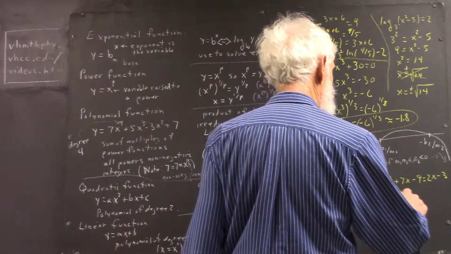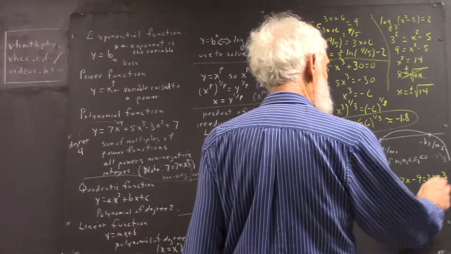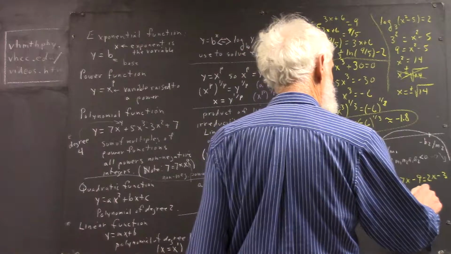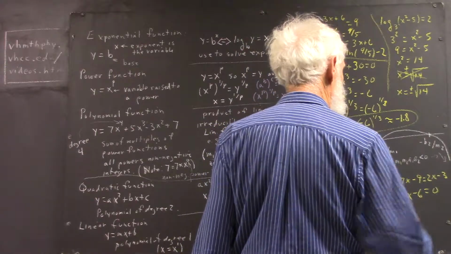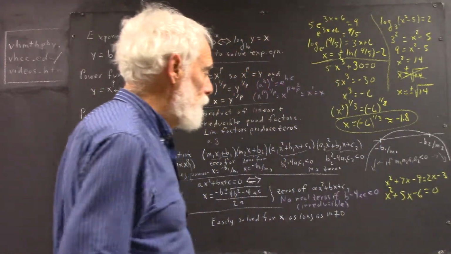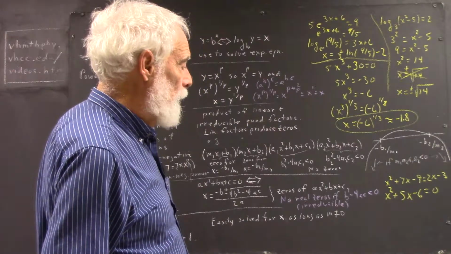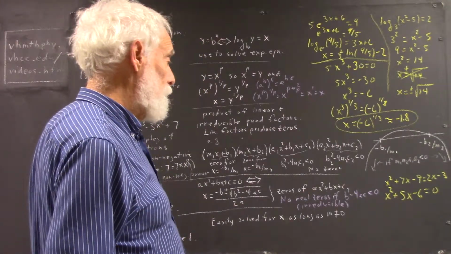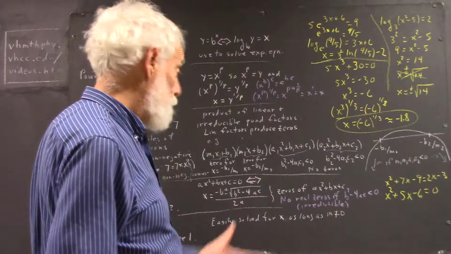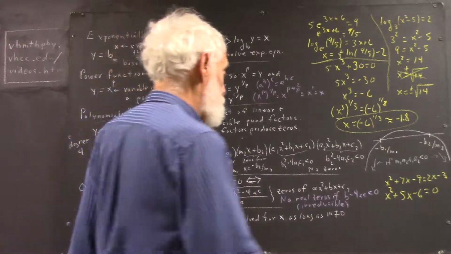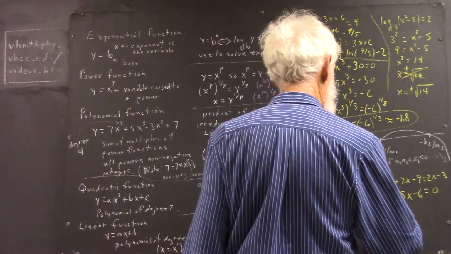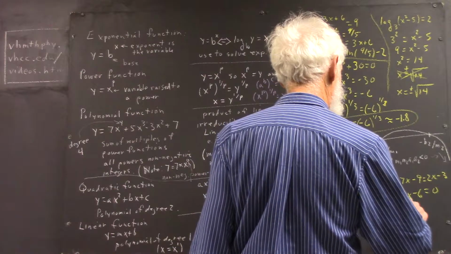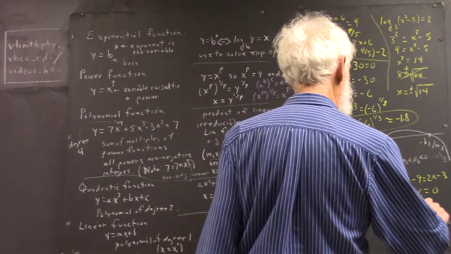We'll get a plus 5x. And then we're going to add 3 to both sides. That'll give us minus 6 equals 0. Okay? And I think coincidentally, that actually happens to factor. It's x plus 6 multiplied by x minus 1 equals 0.